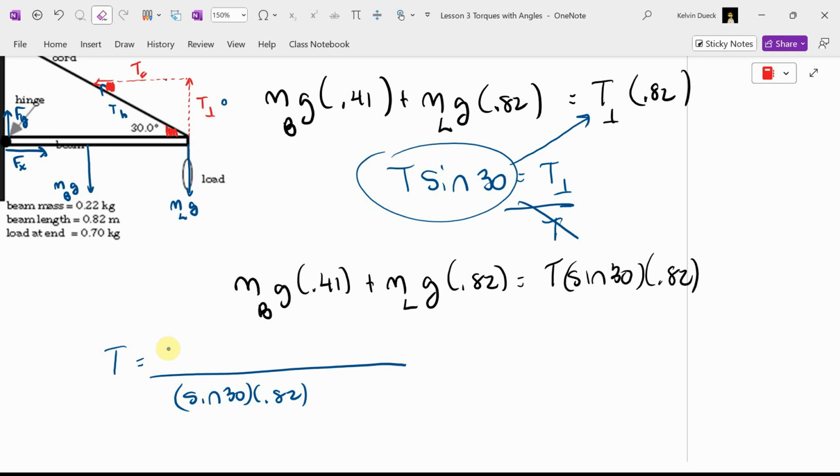Mass of the beam was 0.22 times 9.8 times 0.41 plus mass of the load 0.7 times 9.8 times 0.82. You actually get a pretty clean expression.